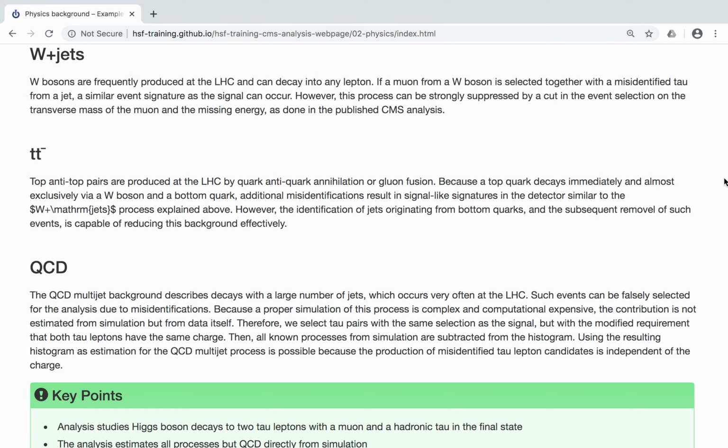This process can be suppressed by a cut in the event selection on the transverse mass of the muon and the missing energy. And this is done in the published CMS analysis. So there are additional ways you can cut backgrounds that we are not going to discuss in any more detail here.